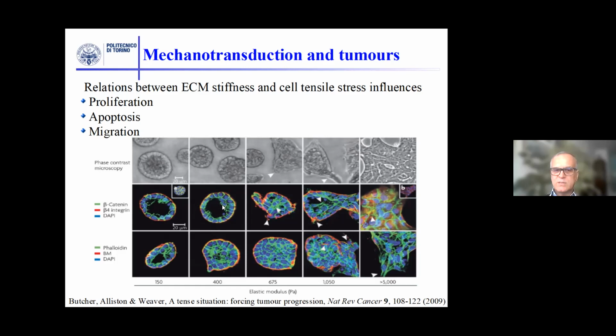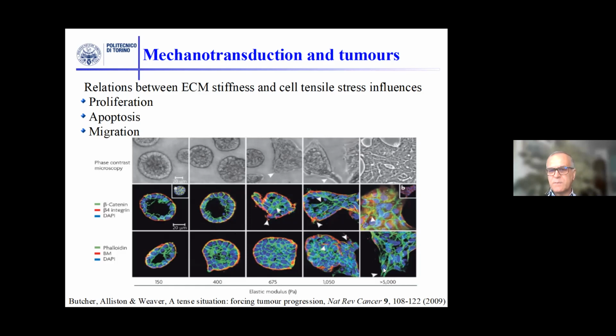But if you stiffen the gel in which you grow them, you lose the lumen, first of all. So it is called the hyperplastic transition. And then you also lose the sphericity of the acini.